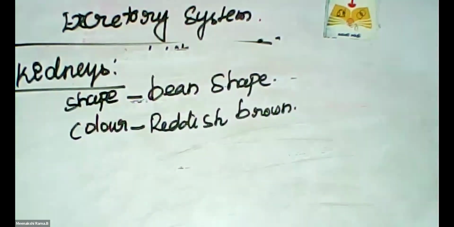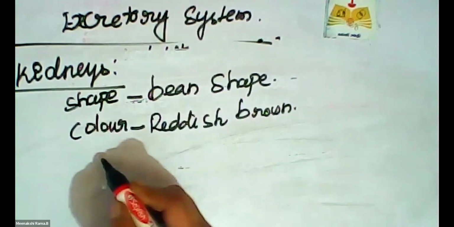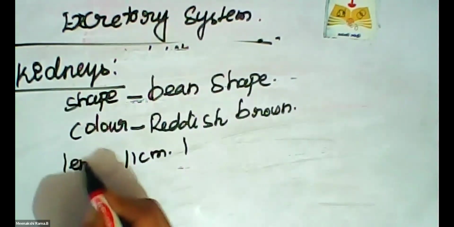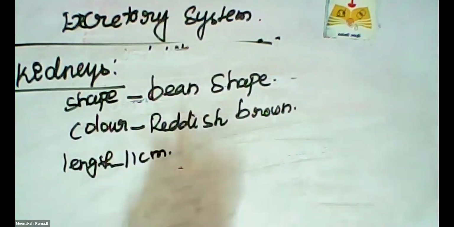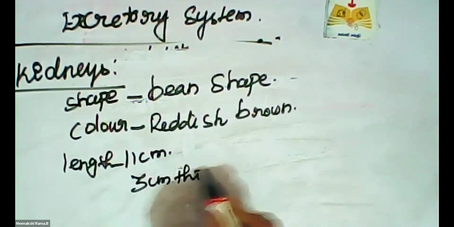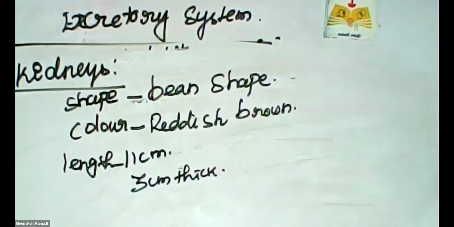The right kidney is placed lower because the liver takes up much space on the right side. Each kidney is 11 centimeters in length, 5 centimeters wide, and 3 centimeters thick.